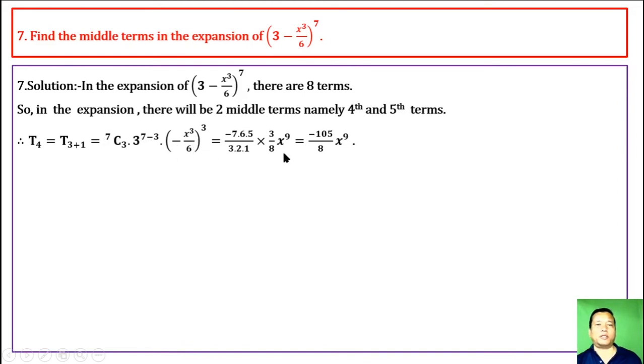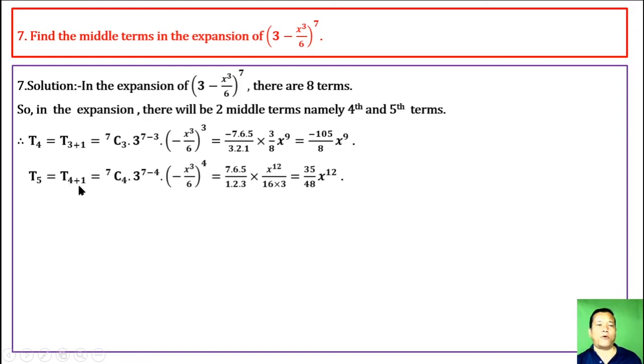Simplifying, we get minus 105 by 8 x to the power 9. For T5, we write T of 4 + 1 equal to 7C4 into 3 to the power 7 minus 4 into (minus x cubed by 6) whole to the power 4. For 7C4, which is equal to 7C3, whose value is 7 into 6 into 5 over 1 into 2 into 3, into 3 to the power 3.